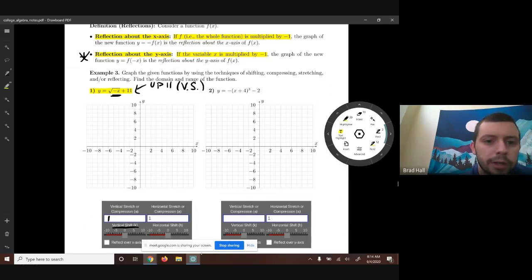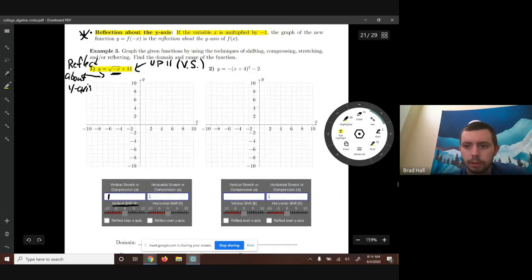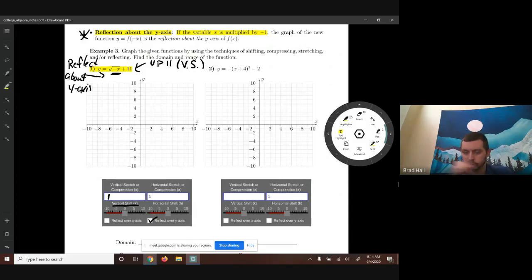So we can just go ahead and write that down. Reflect about y-axis. So how that translates to this box down here, you might be able to notice it already. You would just check that box. So that's all you would do. You would mess around with the vertical shift to make it go up 11, and then you would check reflect over the y-axis.